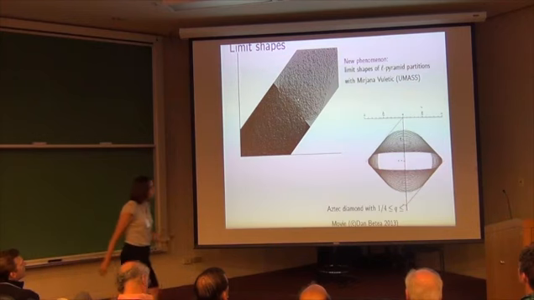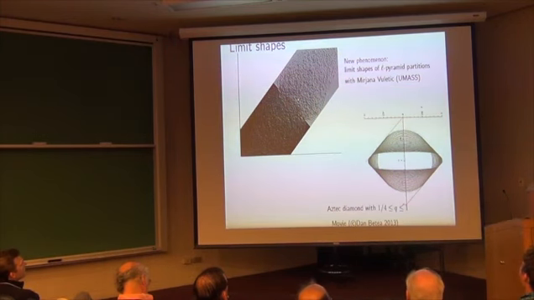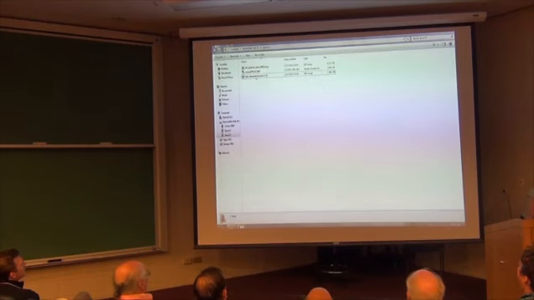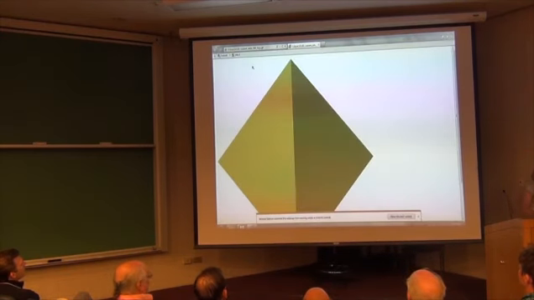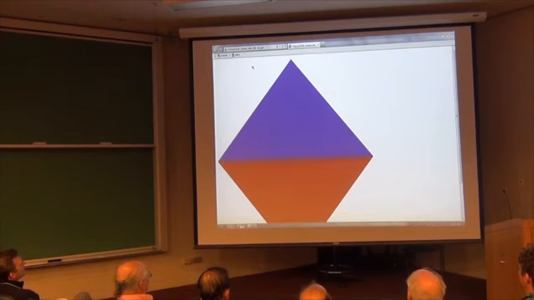So let me show you another movie, a little break, of what's going on with the Aztec diamond when Q varies. Okay? So that's Q equals 1. Okay, so Q is going to vary from minus 1 to 1.